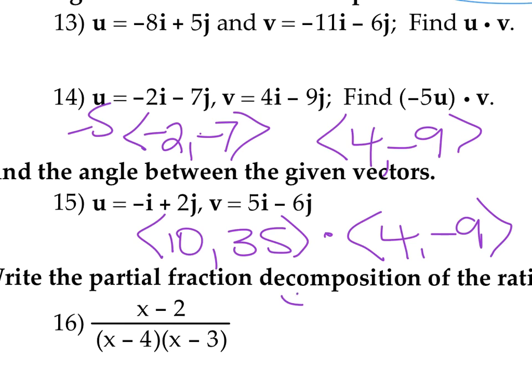So 10 times 4 is 40, plus 35 times negative 9, which is negative 315. Then add those two together, and I end up with a negative 275.